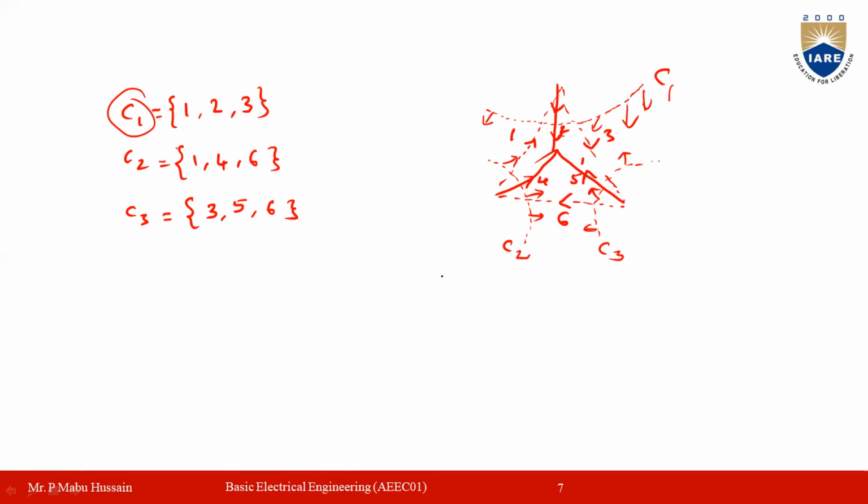Now you form the cut set matrix Q, with the rows as your cut sets and columns as your branches. How many branches are there? Total 6 branches.